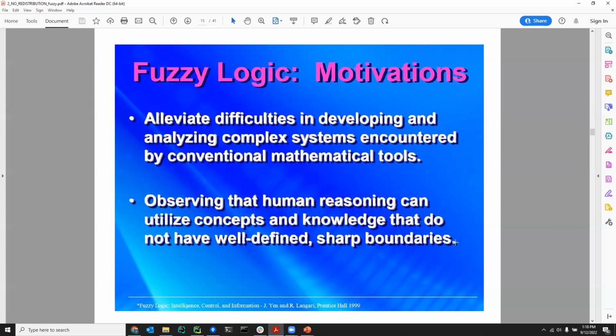Because of the labels that we can assign to those membership functions that describe the sets that we saw a little bit earlier, with things like the seasons or weekendness, we can then use those linguistic labels and reason about them in a very human way by doing inferencing with them. And we'll show some concrete examples in a bit of what we mean by that. And observing that human reasoning can utilize concepts and knowledge that do not have these well-defined, sharp boundaries.